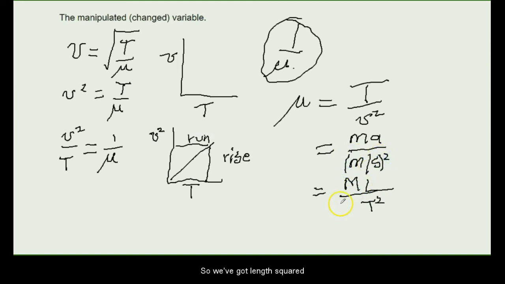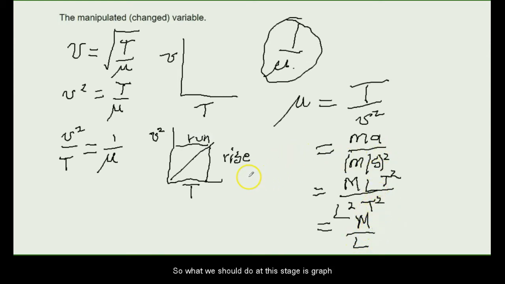So we've got length squared divided by time squared. We've got some cancellations that we can do there, which gives us mass divided by length, which of course is the dimension for linear density, mass per unit length.